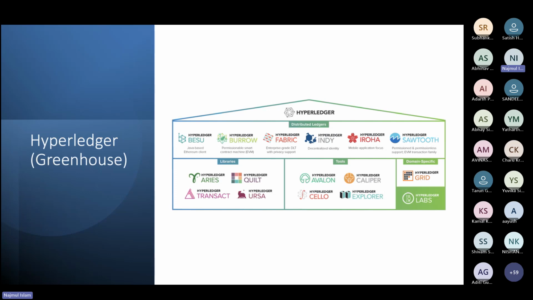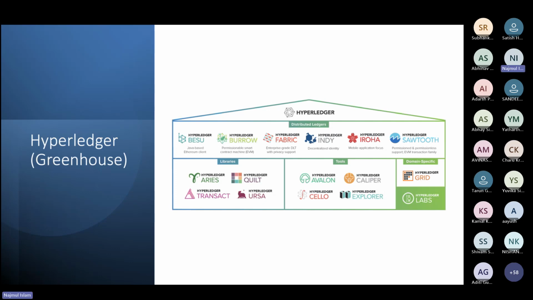Yeah, so in Hyperledger, there are different types of ledgers, and depending on the type of applications, you choose the ledger. For instance, there are ledgers like Hyperledger Besu, Hyperledger Fabric, Indy, Sawtooth, and so on.